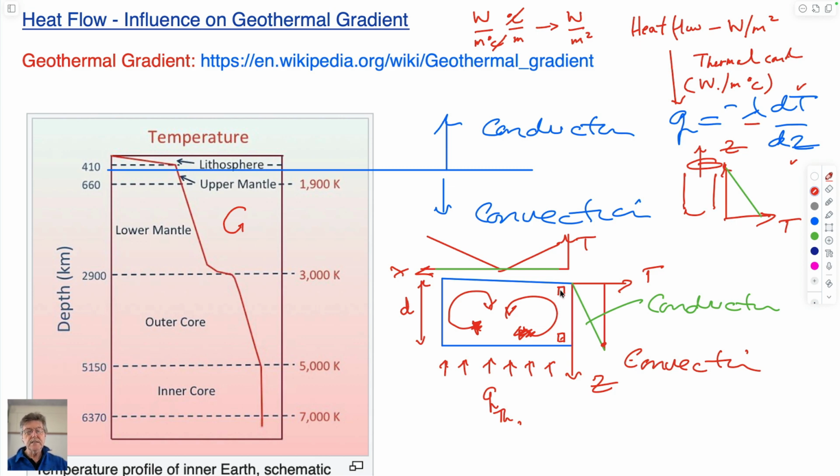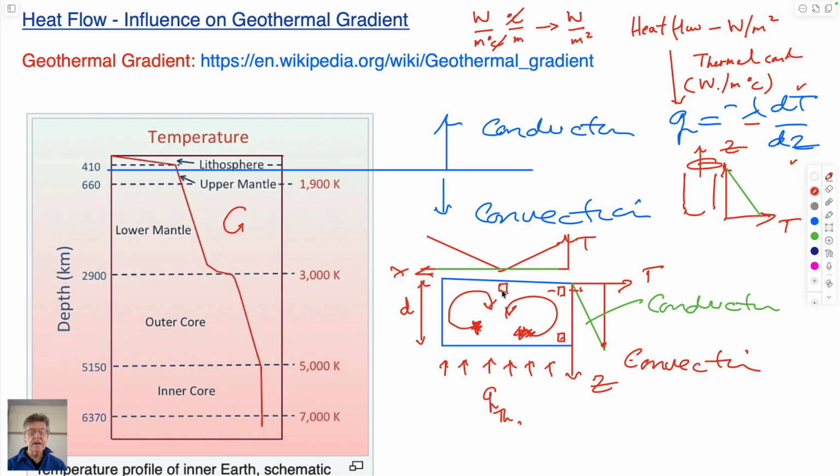And as it gets here, the other stuff below is also wanting to come up, so it can't accumulate here, so it has to go to the right or the left. It'll choose one of those and it will set up a convection cell. As it goes across this cold surface here, it will lose heat by radiation, and so it'll get to this point where it's cooler, might not get back down to the temperature of the surface.